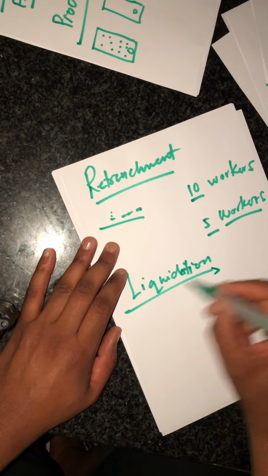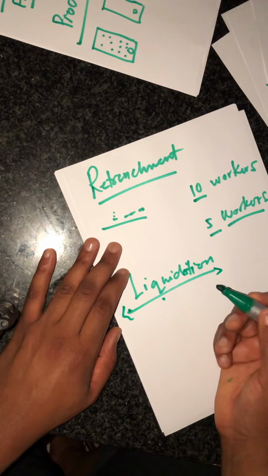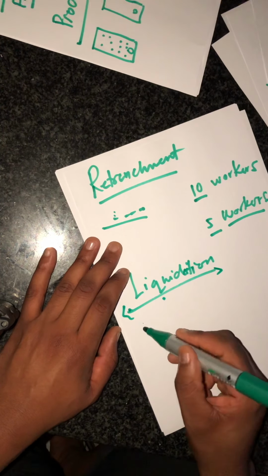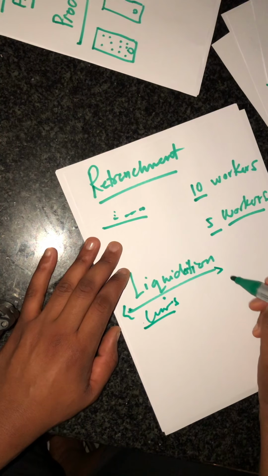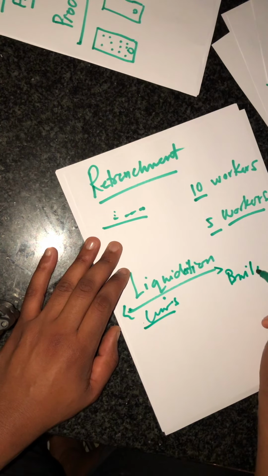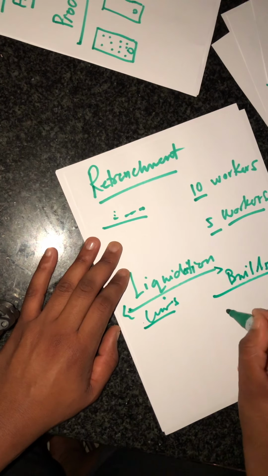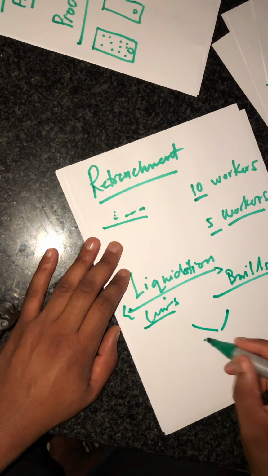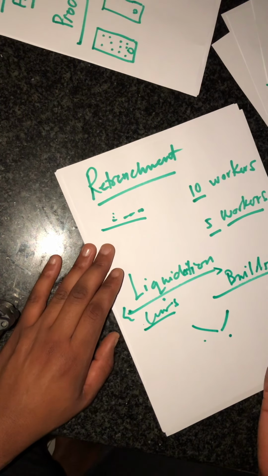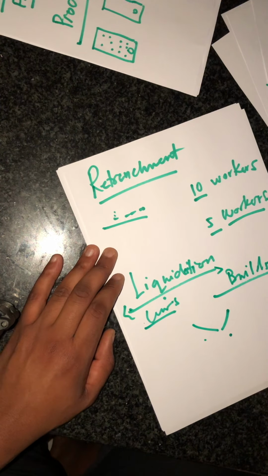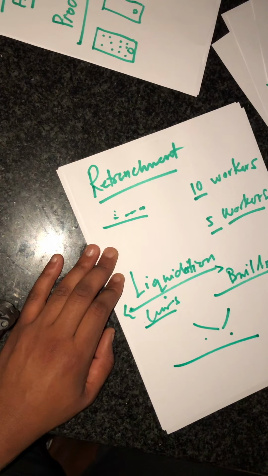You're no longer making money in the business, so you sell your cars, you sell some buildings, and so on, so that you can pay the people you owe money. And after selling the entire business, you close down the business because it's the end of your business.